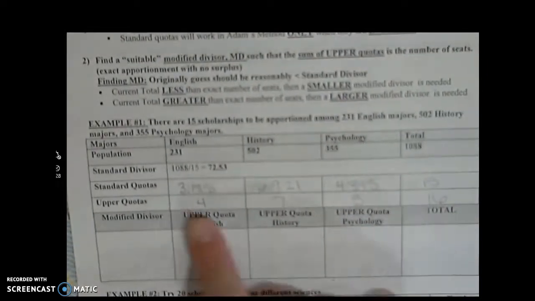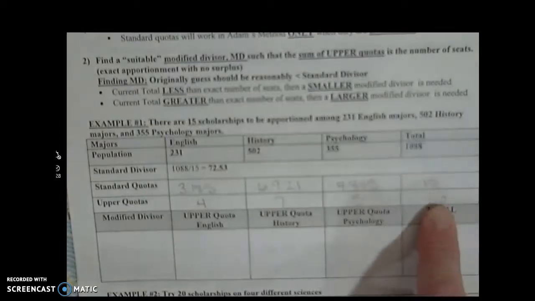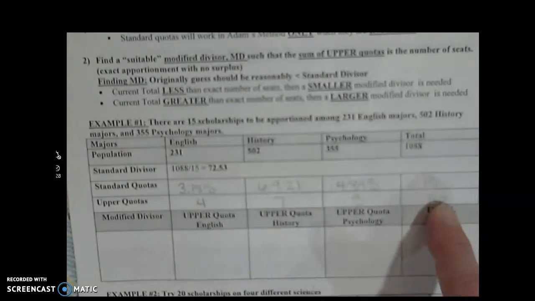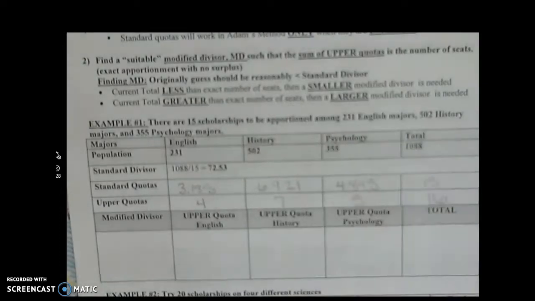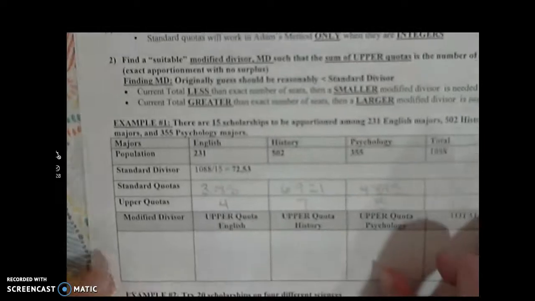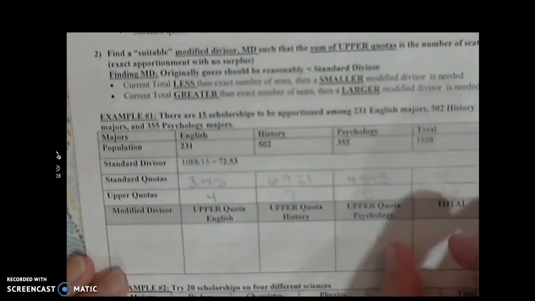So on this one now, because I have more seats than I need, I need to raise my standard divisor. And once again, there's no shorthand to this. You just have to play around with it.